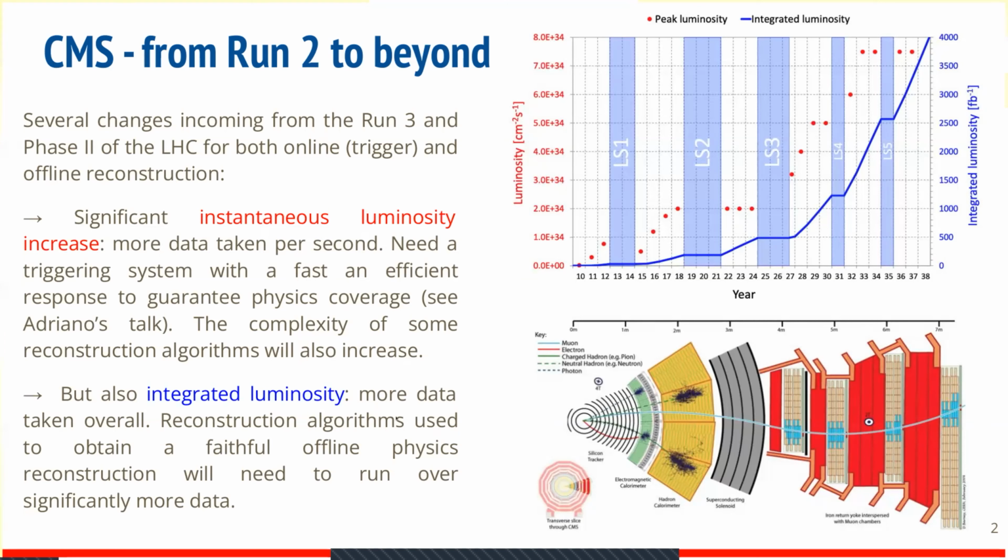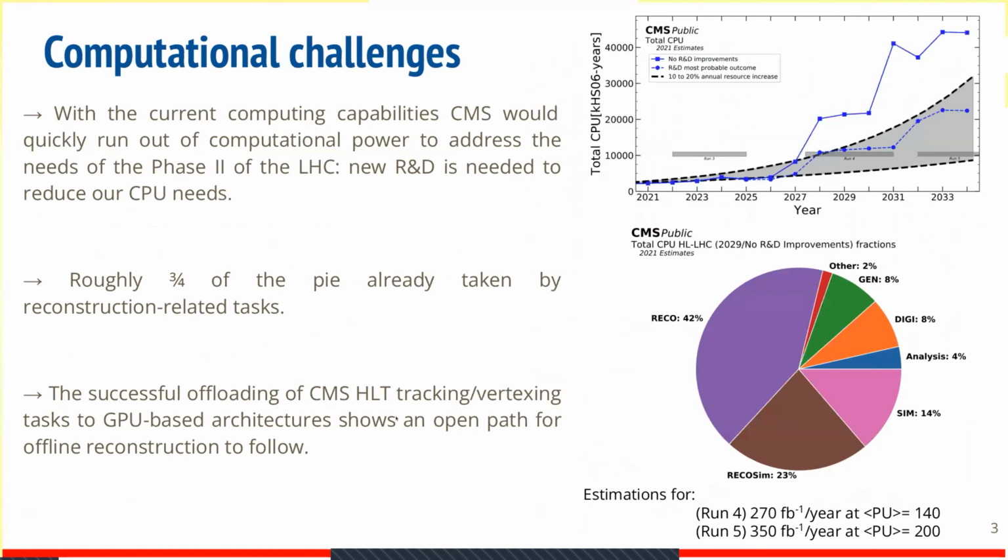And this is a computational challenge because with the current budget, and I'm showing here some extrapolations that were done last year, with the current resources we have, if we don't do anything, we are going to basically run out of computational resources to process all of this data we are taking.